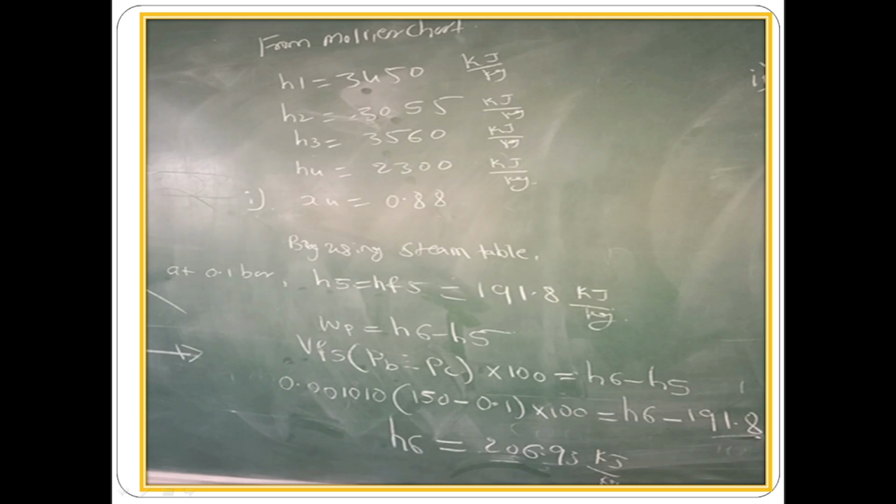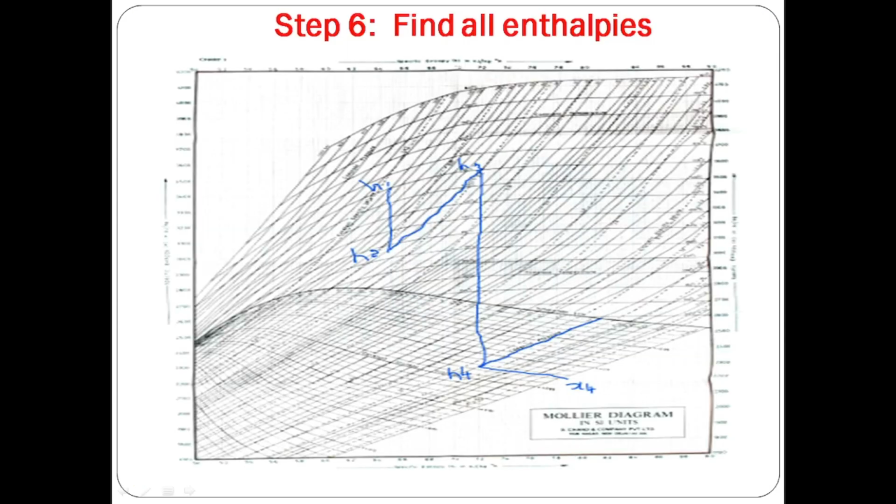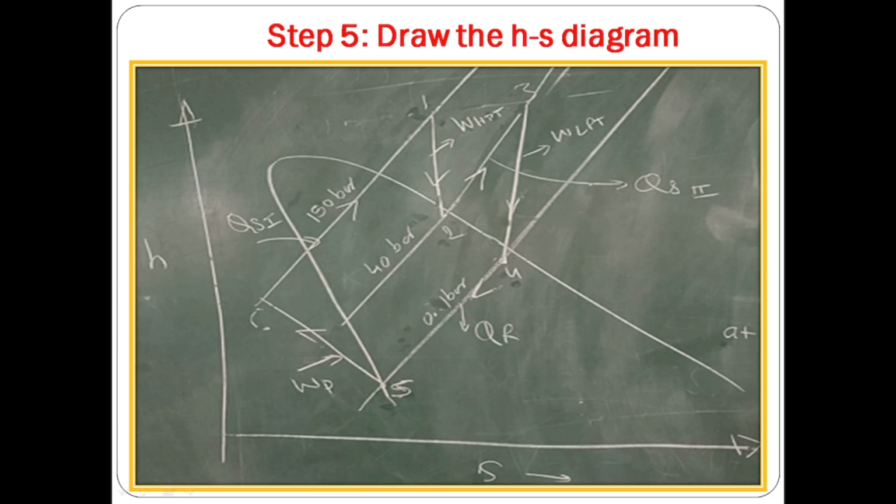Again, how to find this H5? We know this particular H5, already I have told, the dryness fraction is 0. It is purely a liquid form. That's why H5 is equal to HF. The condenser pressure is 0.1 bar.